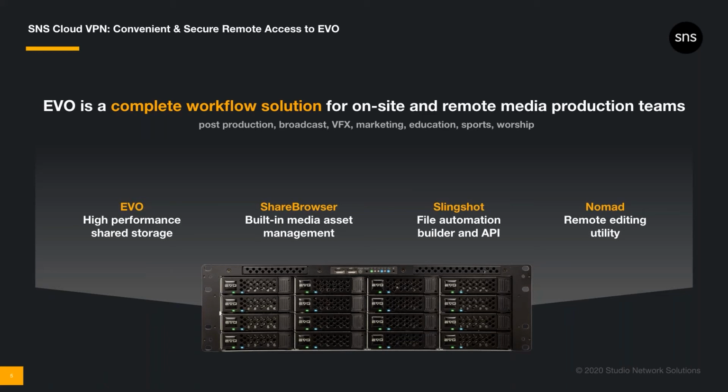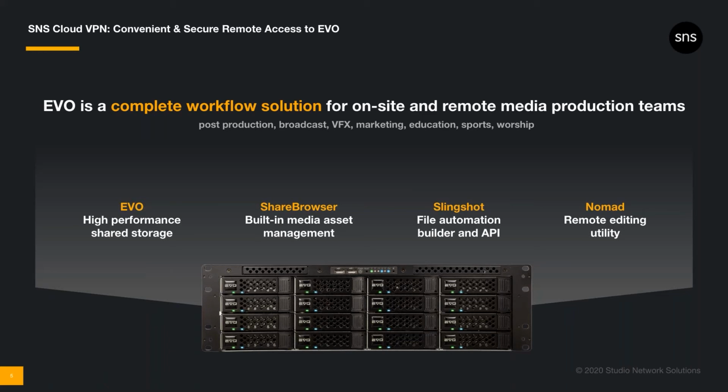Like I mentioned, with EVO, you get the high-performance remote workflow server purpose-built for creative media, plus you get powerful and easy-to-use media asset management with Share Browser, robust file automation and API integration with Slingshot, and our remote editing utility, Nomad.